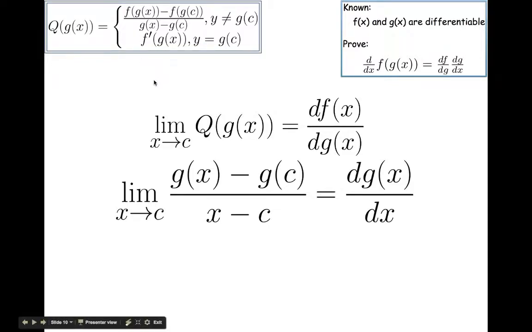So we know that no matter what, the limit as x approaches c of q of g of x is just df dg, right? And also, that other expression we had in the second part, the limit as x approaches c of that is just the derivative of g with respect to x, because again, it's just the alternate definition of the derivative that we've all seen so many times, of course.